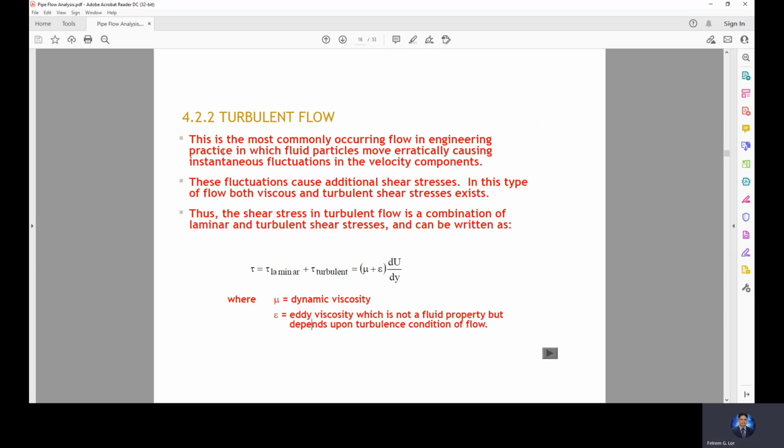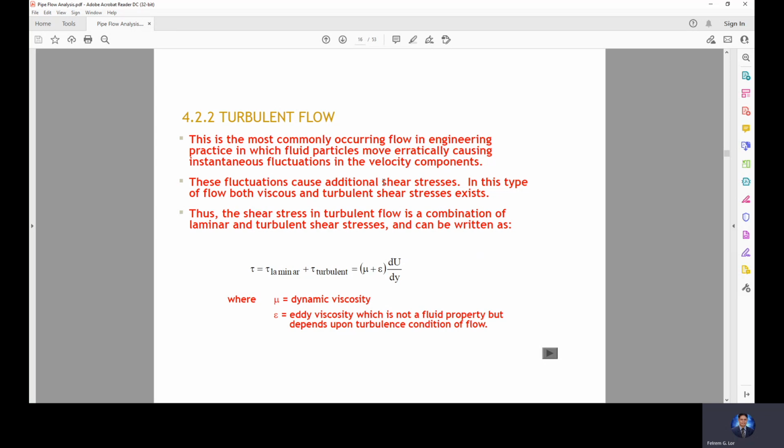Turbulent flow is the most commonly occurring flow in engineering practice, in which fluid particles move erratically, causing instantaneous fluctuations in the velocity components. These fluctuations cause additional shear stress, not just the flow itself but the erratic movements of the fluid particles. In this type of flow, both viscous and turbulent shear stresses exist.